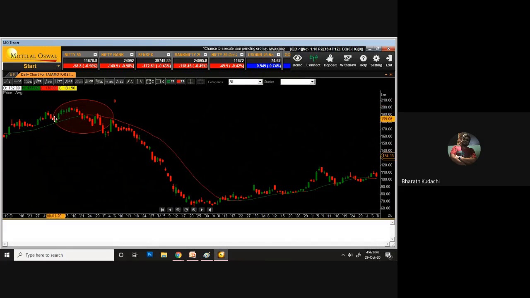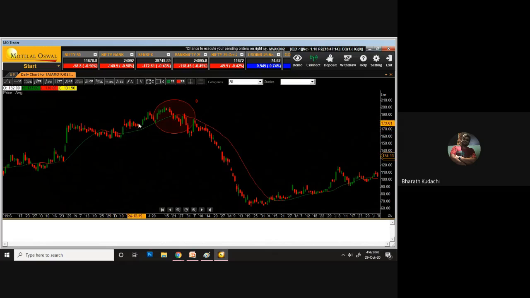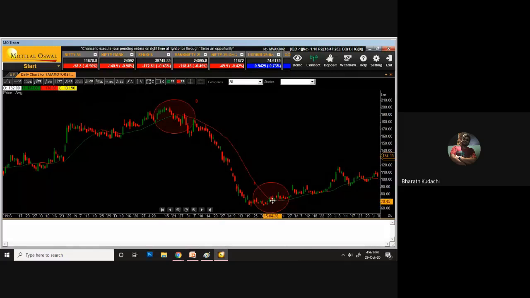Earlier it was an uptrend, then when it changed to a downtrend, it intersected with my moving average. Next point: here again the same thing happened. When it wanted to change from downtrend to uptrend, it again intersected with my moving average.